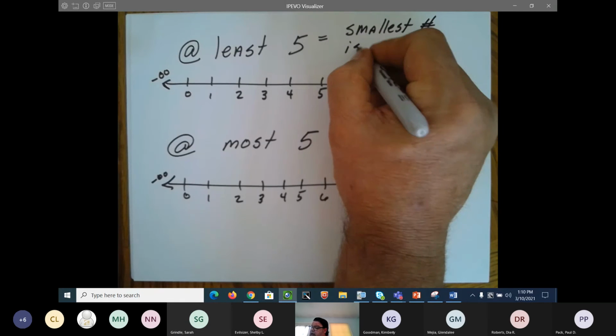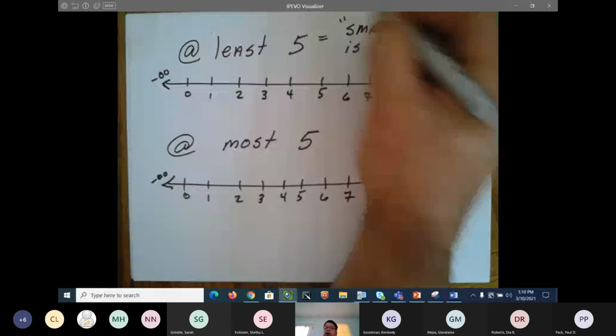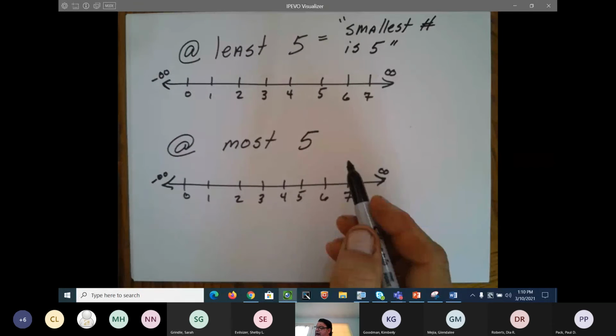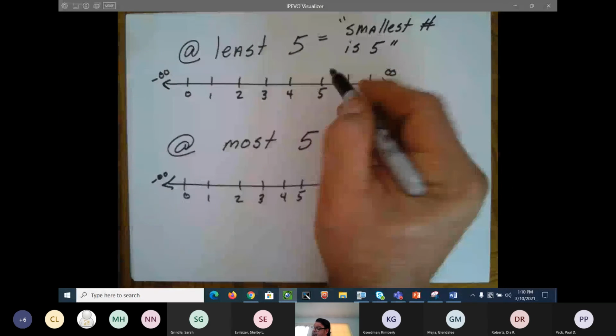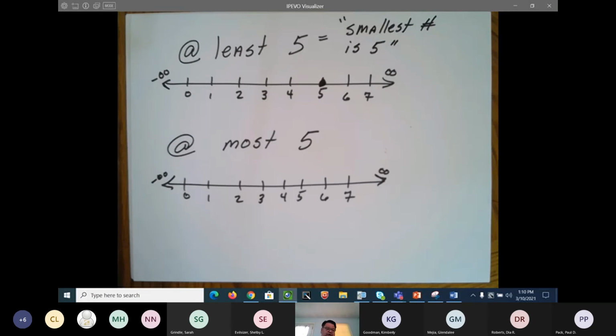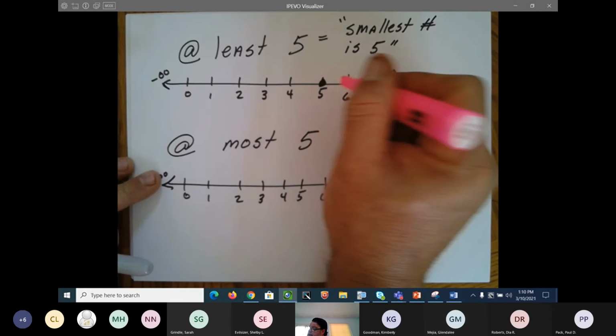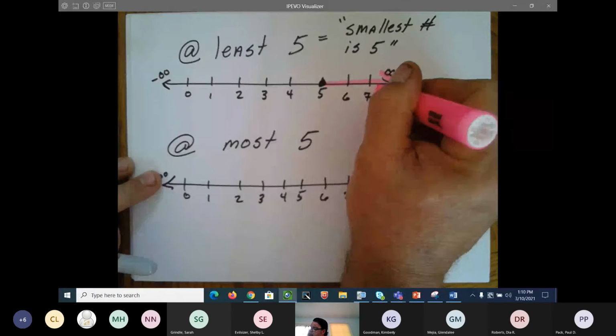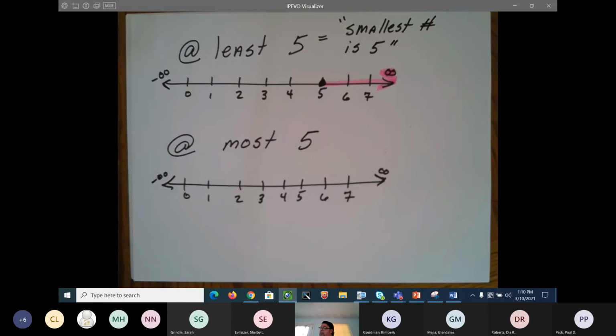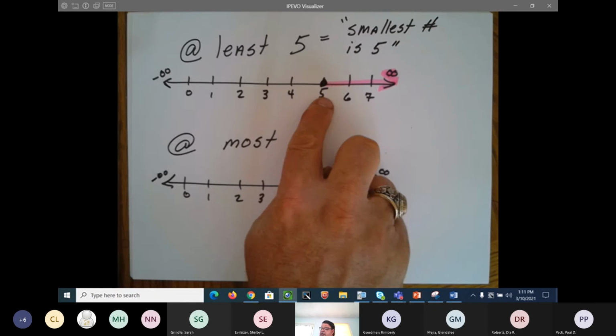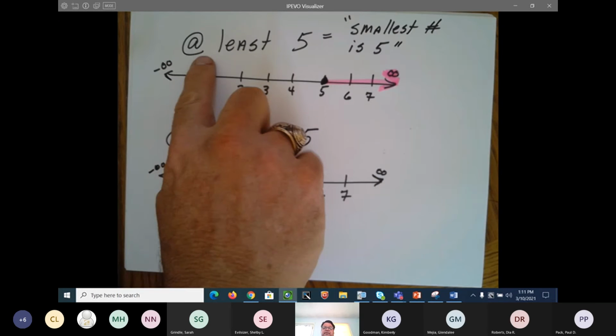And I want you to write that down, because if the smallest number is 5, that means I'm going to put a circle here at 5, and I'm going to shade everything to the right, including infinity. So I can use 5, 6, or 7 when it says "at least 5."